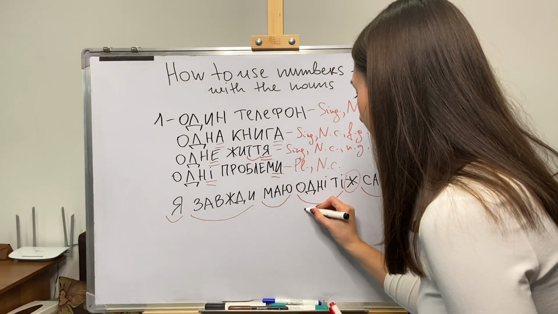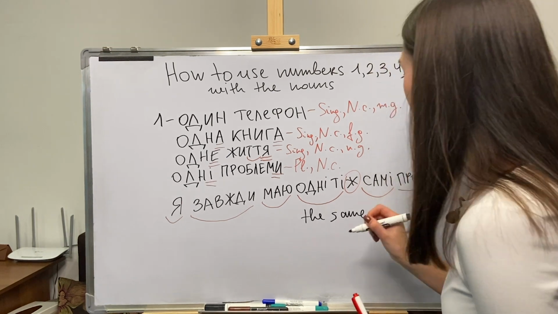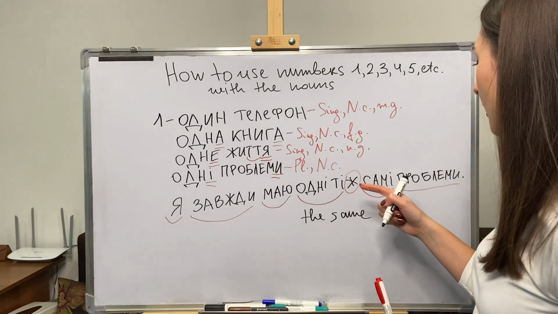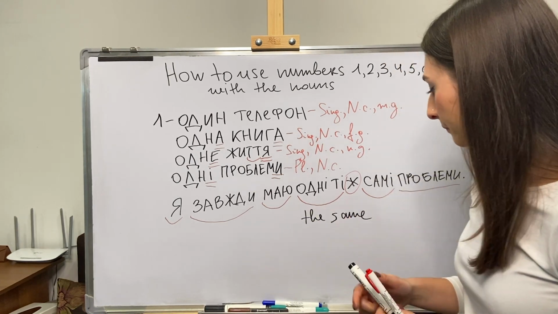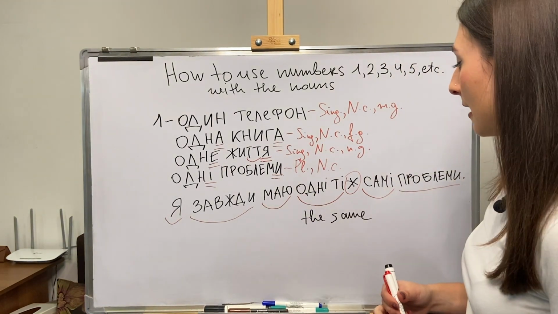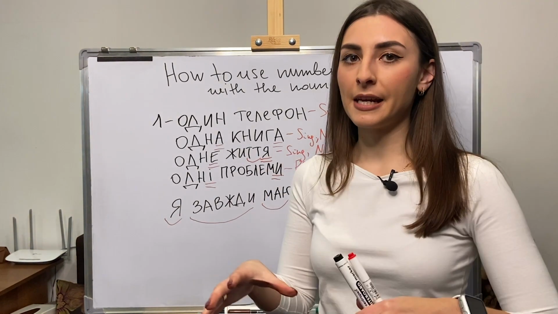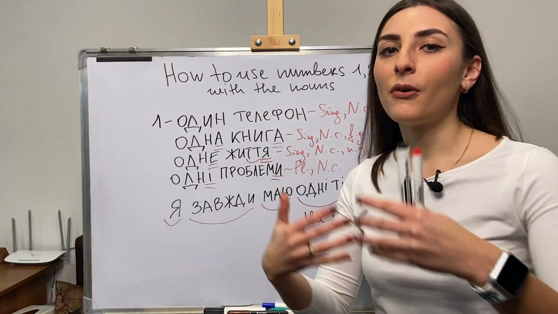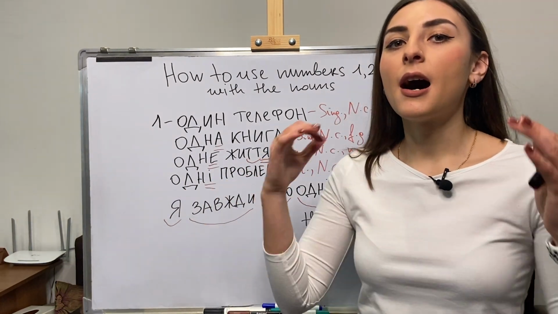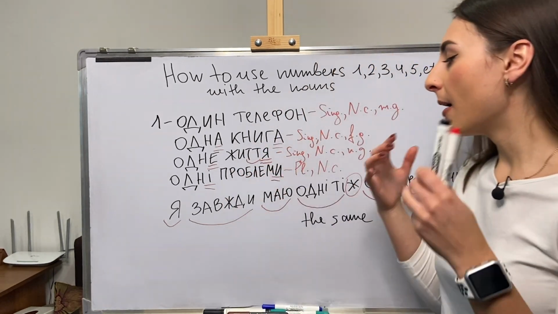We can omit some of it. We can say одні, ті ж проблеми. You can omit even самі. But одні, ті ж, самі means exactly the same. Literally, we can translate it like one type of the same problems. I always have one type of the same problems.